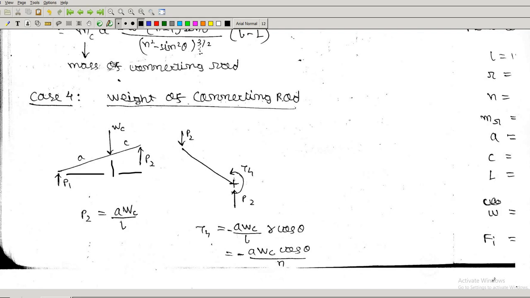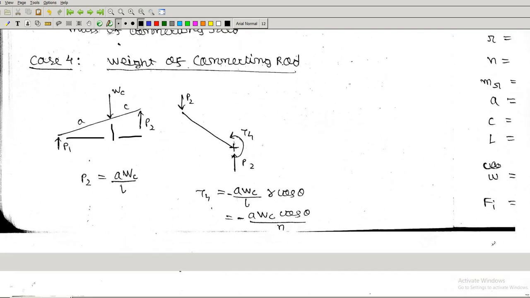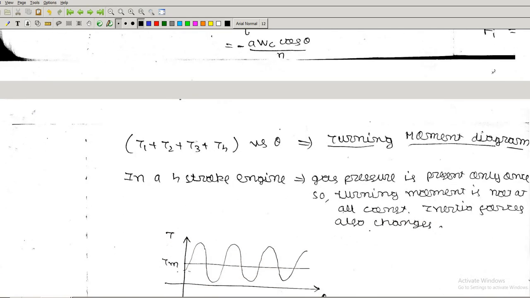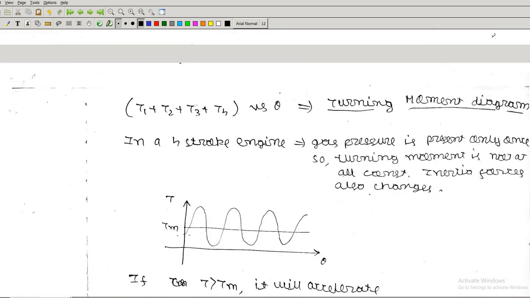So now you can superpose this and get the total torque coming on the crankshaft. So now if you superpose these four torques and you plot it versus theta, where theta is the angle of rotation of the crankshaft, that is the turning moment diagram.